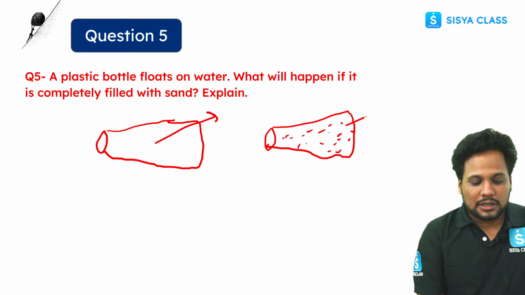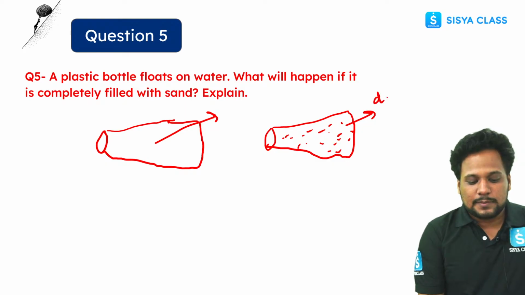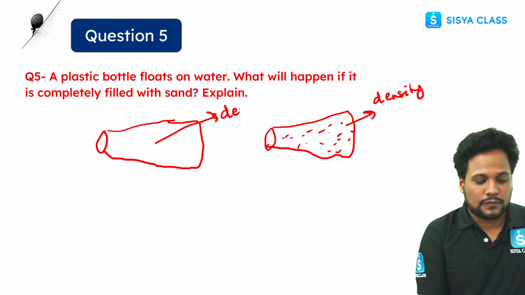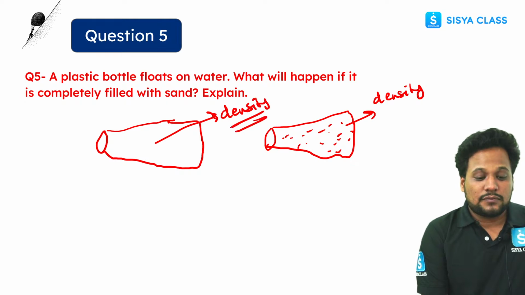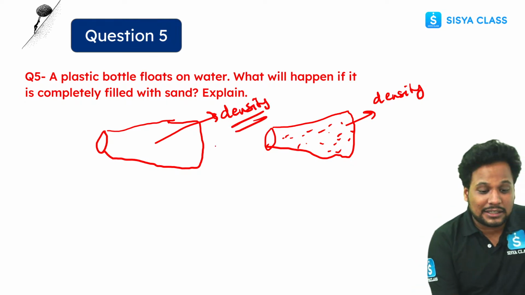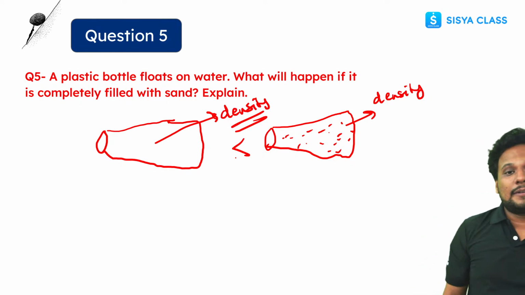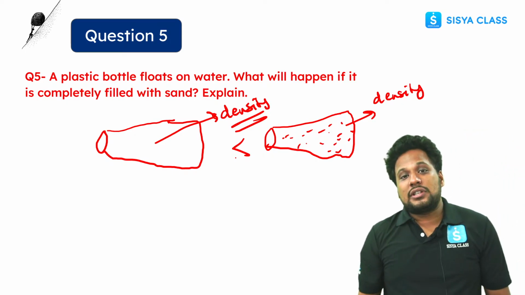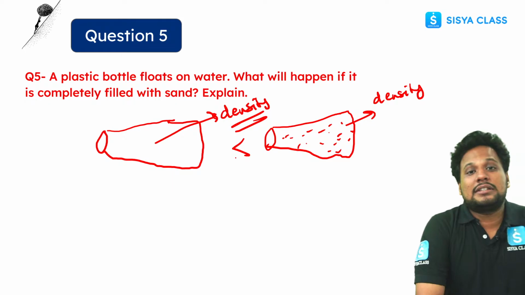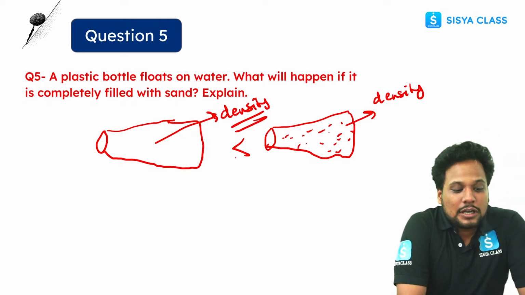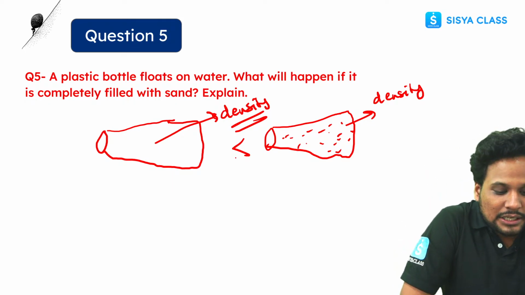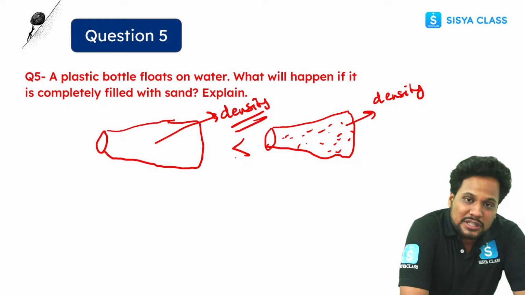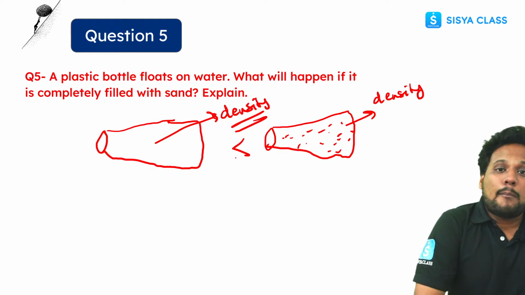Now the density of the bottle which is filled with the sand is greater than the density of the empty bottle, right? You're getting my point? And because of which the bottle will sink. So a plastic bottle floats on water, but when we put some sand in that empty bottle, the bottle is going to sink.